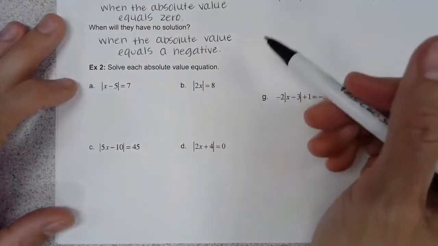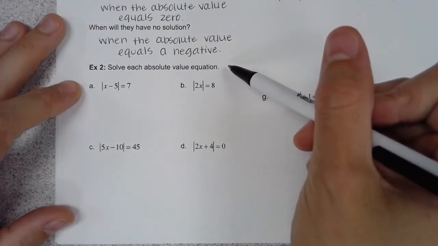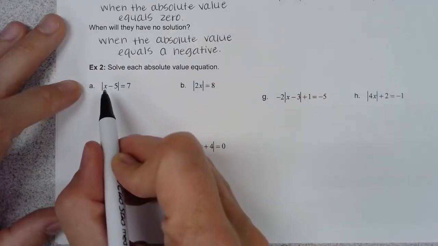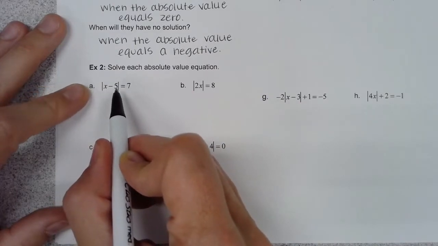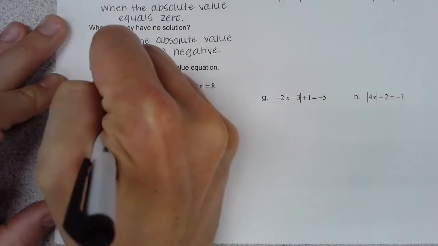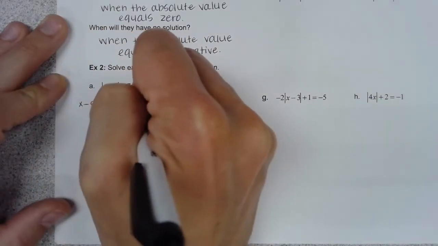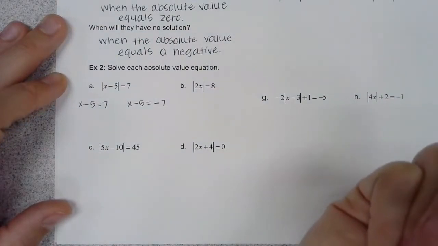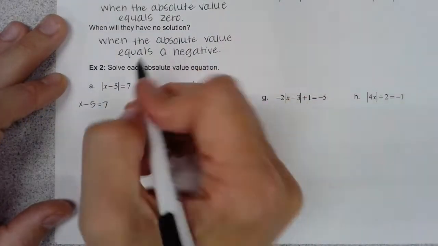When we solve absolute value equations, we want to make sure that we consider that they usually can have two solutions. If the absolute value of x minus 5 is equal to +7, that means that x minus 5 can equal +7, or if x minus 5 worked out to equal -7, we would get a second solution to the equation that was also true.